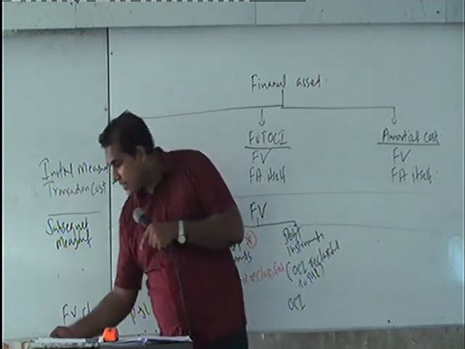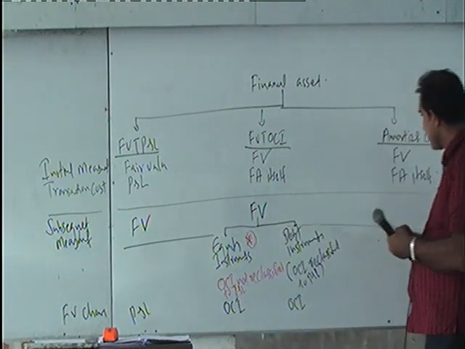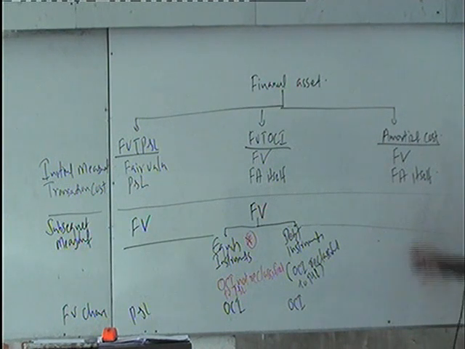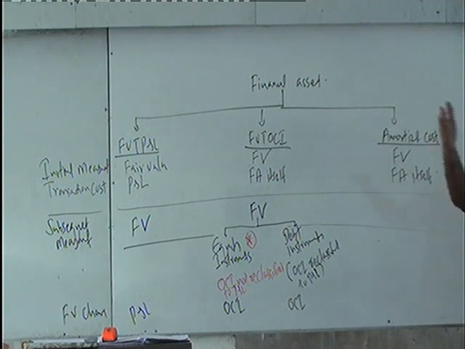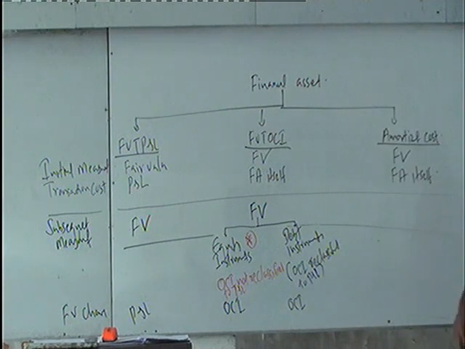Amortized cost. Subsequent measurement should be at what? Fair value? No. We are not going to measure fair value for amortized cost, because we take present values of all the cash flows, then year by year we need to increase the interest, right?